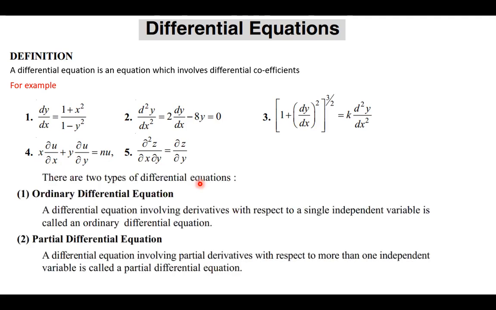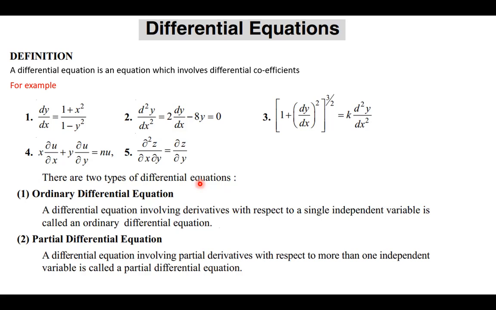So there are 2 types of differential equations: ordinary differential equations and partial differential equations. When we talk about ordinary differential equations, we are simply talking about differential equations with only a single independent variable.